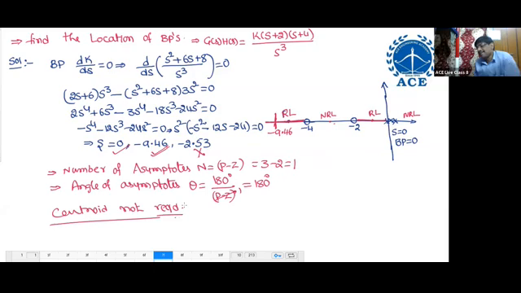Come on, draw the RLD. Draw the root locus diagram.